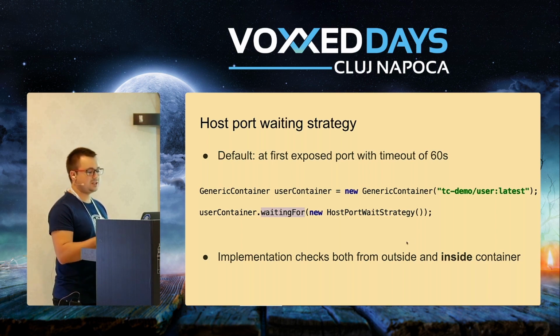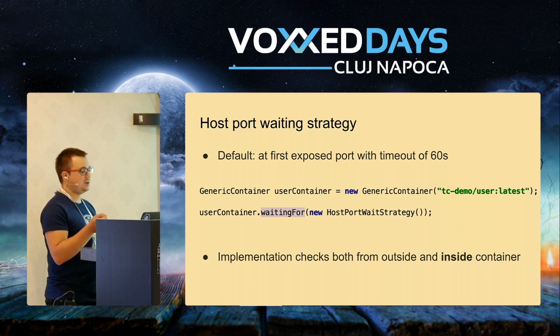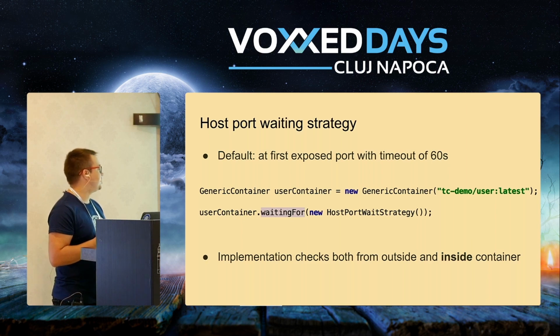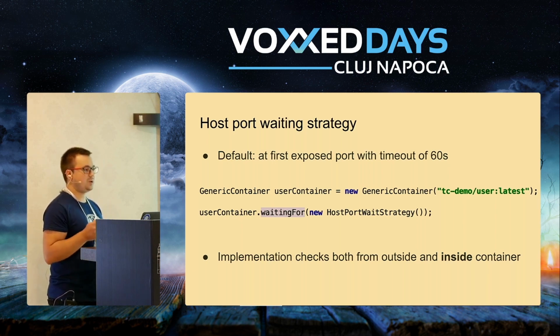So basically, this is how you do it. You create the container and you say wait for the strategy, but in this case, this line is optional because this is the default strategy itself. And what's important is that the strategy is implemented in such a way that it will wait for the host port to be open, like at the host environment.